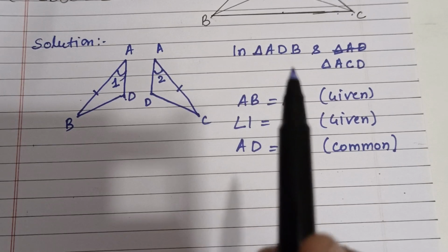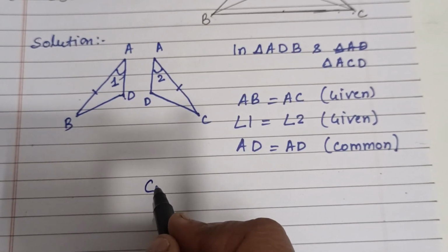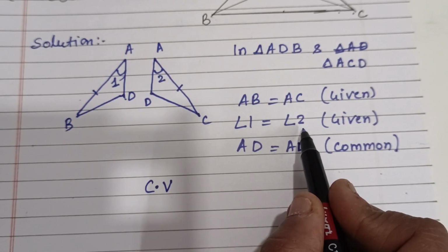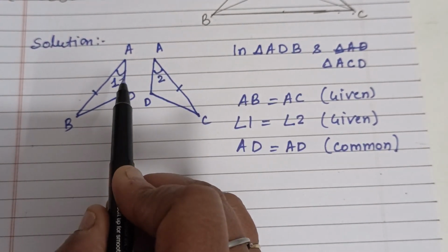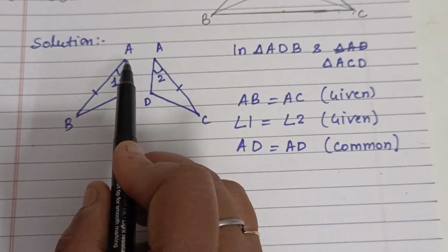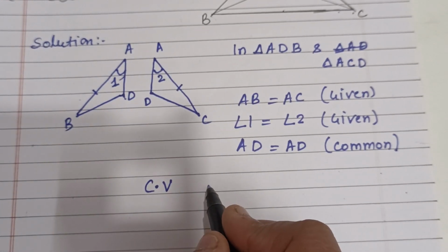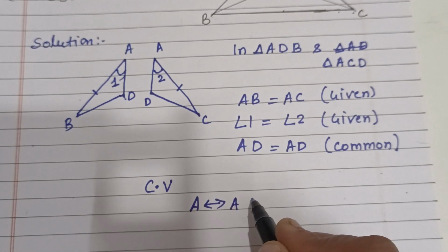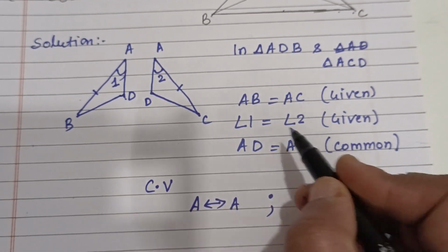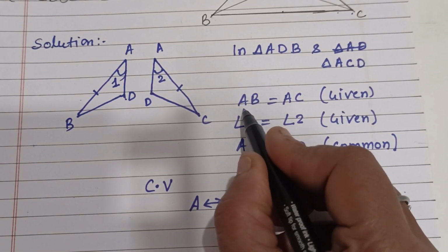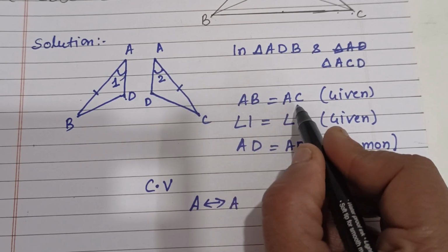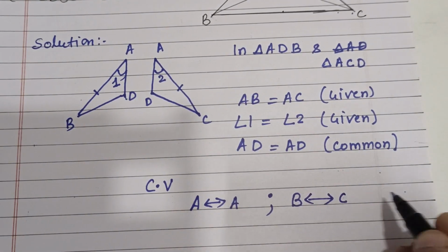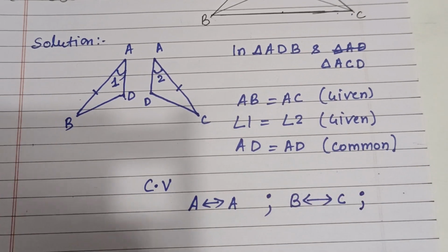Okay. Here first of all find out the corresponding vertex. Now angle 1 equals angle 2. At which vertex is angle 1 made? At A. In both the triangles, at A, angle 1 is made. So A corresponds to A. Now what is the second pair which is corresponding? If A corresponds to A, then B corresponds to C. And what is the third pair?